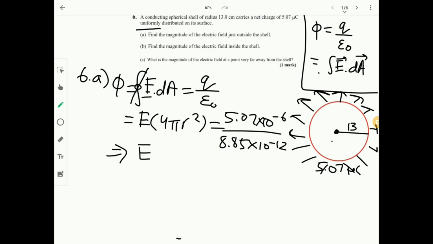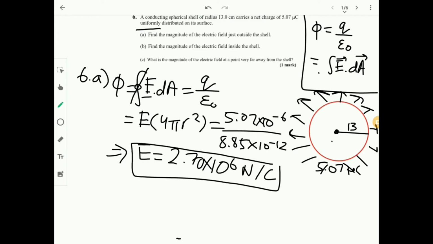We should get that E equals 2.70 times 10 to the power of 6 newtons per coulomb. And I want you to note one special property here, that we can also use the equation E equals kq over r squared. Even though this is a very old equation, it also works here because it's a conducting spherical shell.